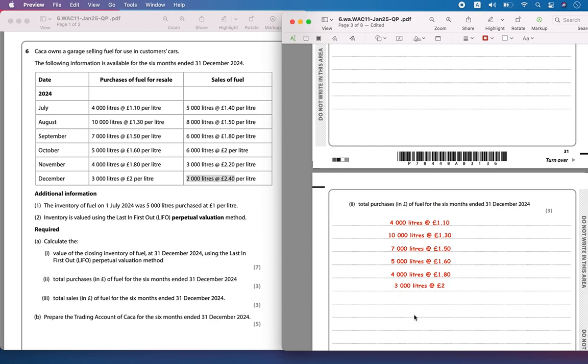So let's see how many: 4,000, 10,000, 7,000, 5,000, 4,000 and 3,000 at 2.